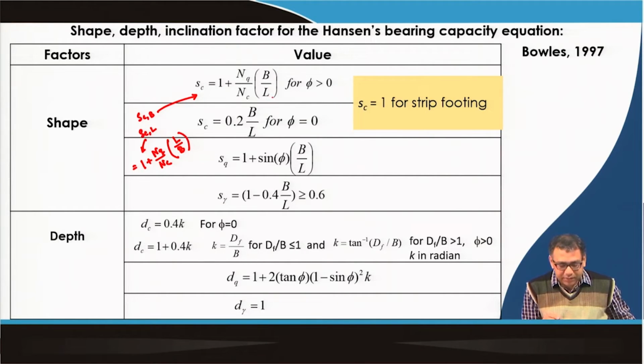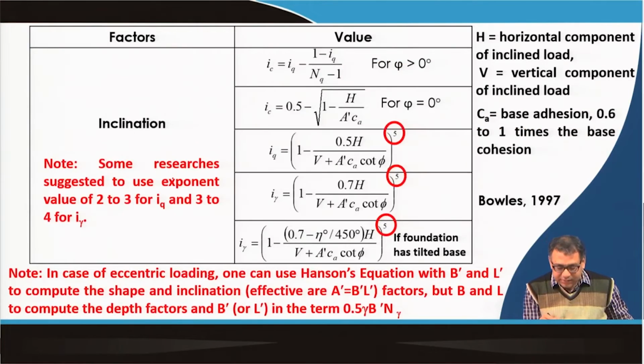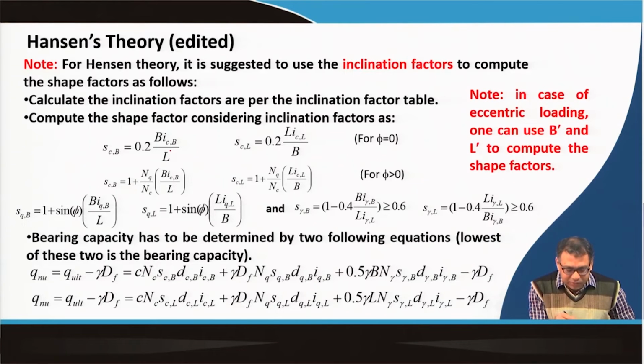Okay. So, now we have to multiply by ICB. That means, first you have to calculate these inclination factors, then multiply the inclination factor with the respective terms in the shape factor.